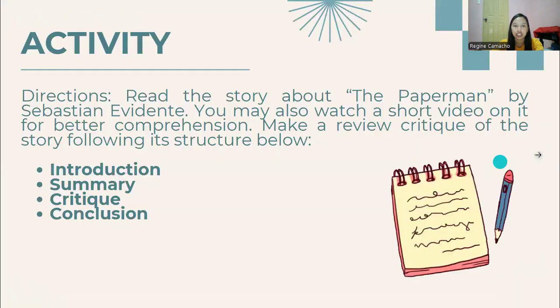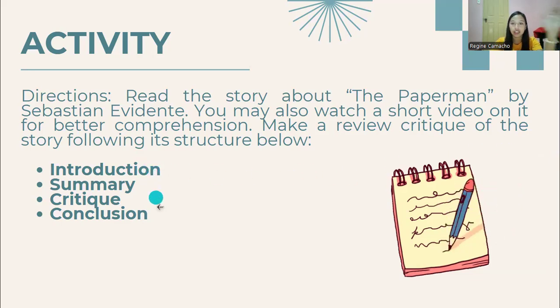So in your activity, you have to read the story about The Paperman by Sebastian Evidenti, and you may also watch a short video on it for better comprehension. So you have to make a review critic of the story following a structure. I need to see these four structures. Dili ni sila pwede magbali-bali, okay?